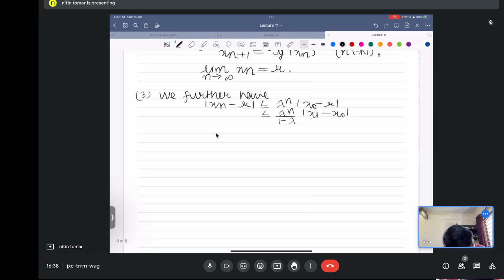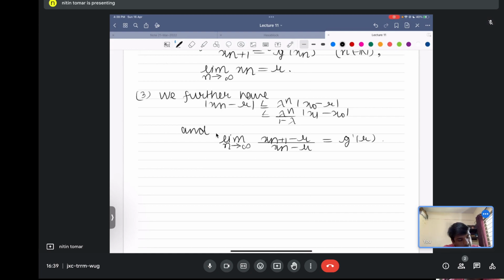And thus you see that this will have a linear convergence, that is, (x_{n+1} minus R) upon (x_n minus R) is actually g prime R.